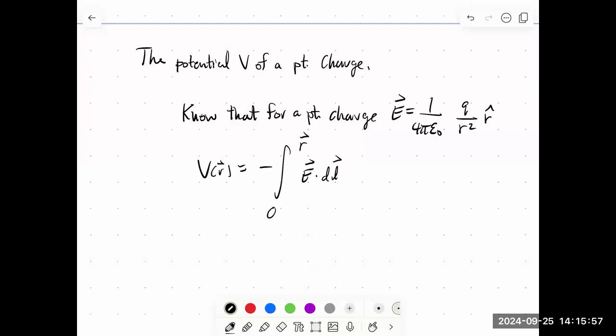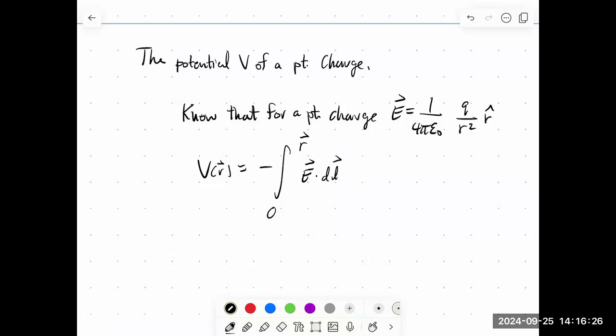Now, the reference point is completely arbitrary. But we need to pick a value for this potential at some point in space. And when it's possible to do so, a good convention is to select the potential to be 0 when we're infinitely far away from the source of charge.